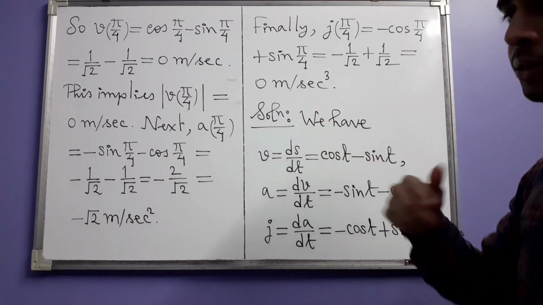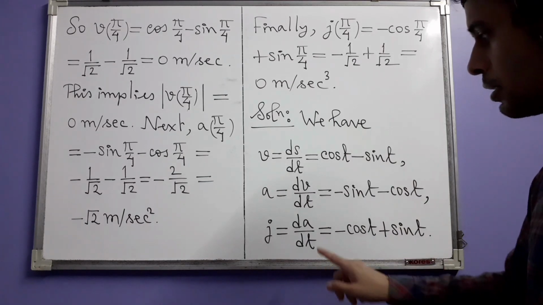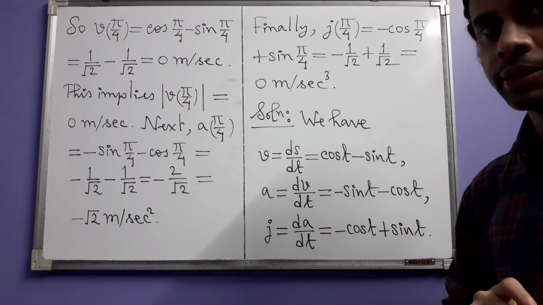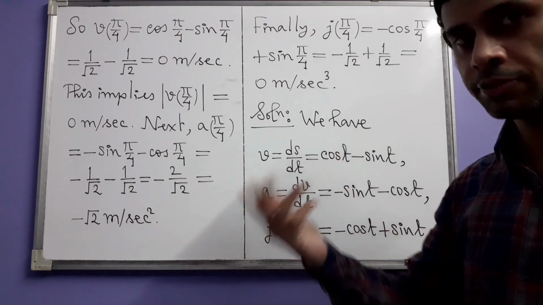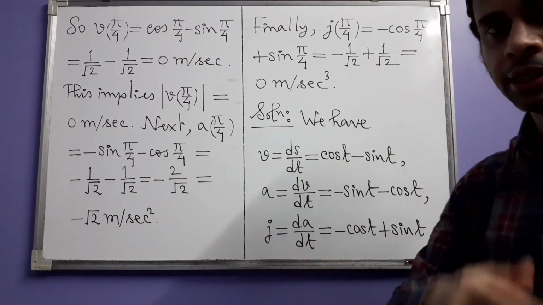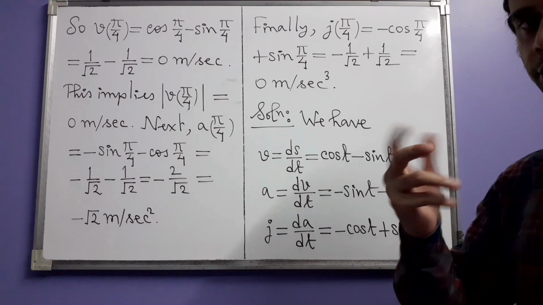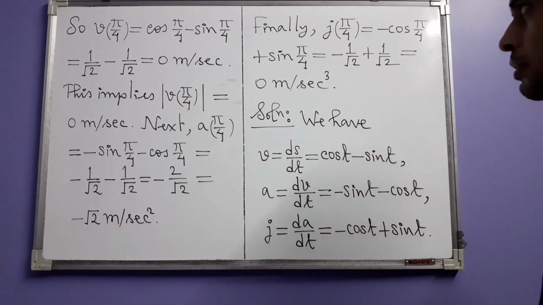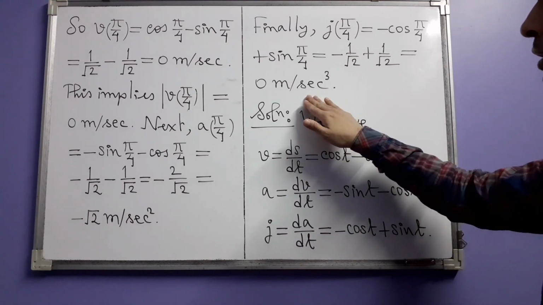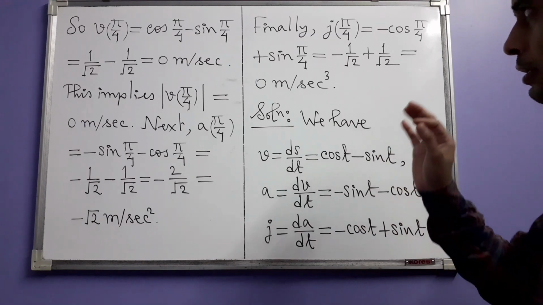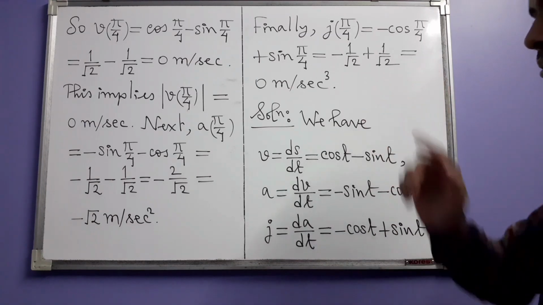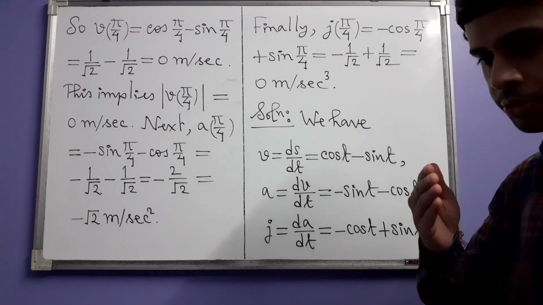Meter per second cubed, because it's the rate of change of acceleration, and acceleration already has this unit. So the rate of change of that means, again you are dividing by time. I mean, I'm talking about the unit. So there is no abrupt change in acceleration either in magnitude or direction at the time instant t equal to pi over 4. So there is no jerk.